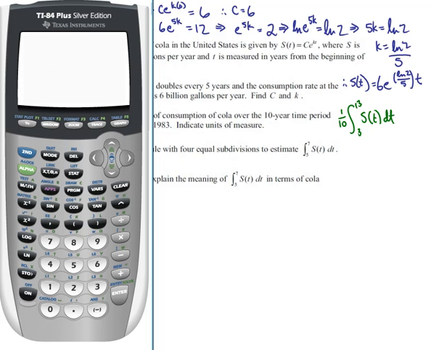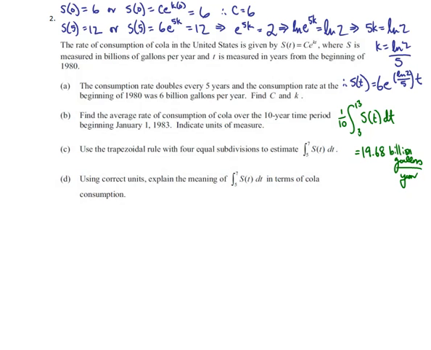I go back out and do math, fnInt, option number 9, vars, y vars, function y1, comma, x is my variable of integration, comma 3, comma 13, and then I'm going to divide it by 10. My answer comes out to be 19.680, and that's in billion gallons per year, 19.68 billion gallons per year. So that is the average rate of consumption over the 10-year period beginning with January 1st, 1983.